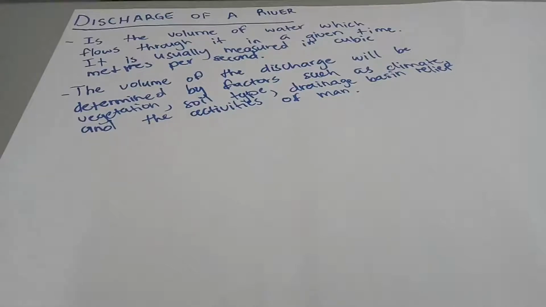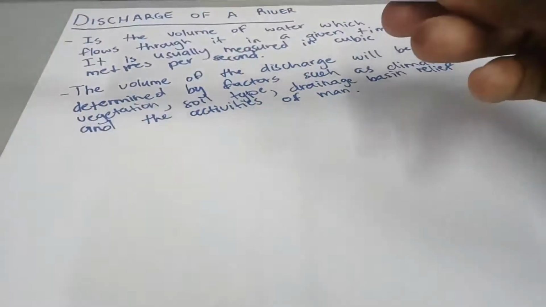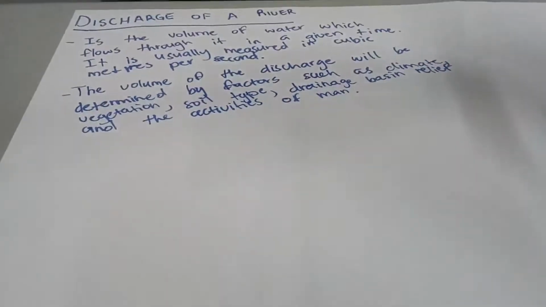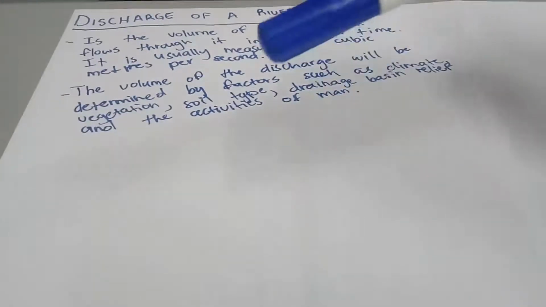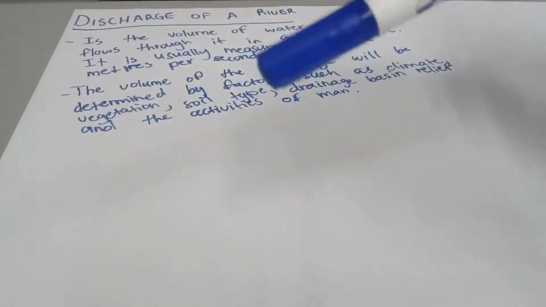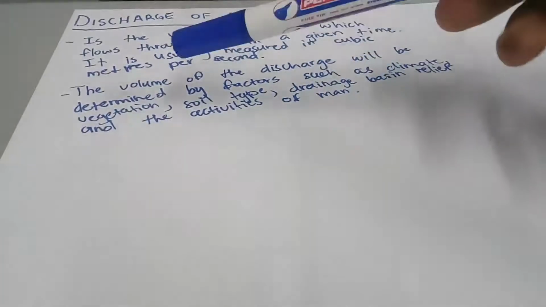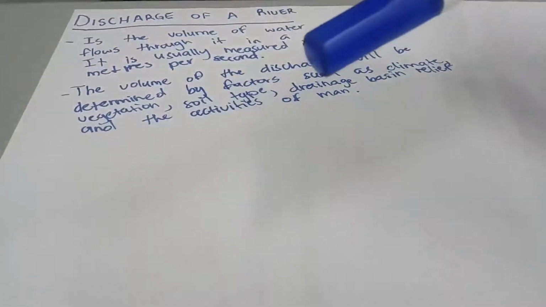So if there is less vegetation or no vegetation at all, there will be high surface runoff, and therefore the volume of the discharge will be higher because there's more runoff to the river, causing the river to be full.